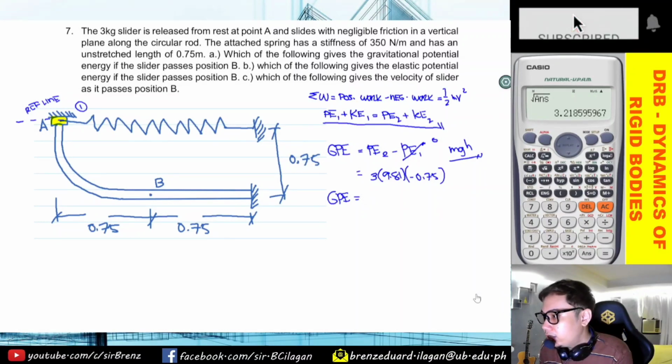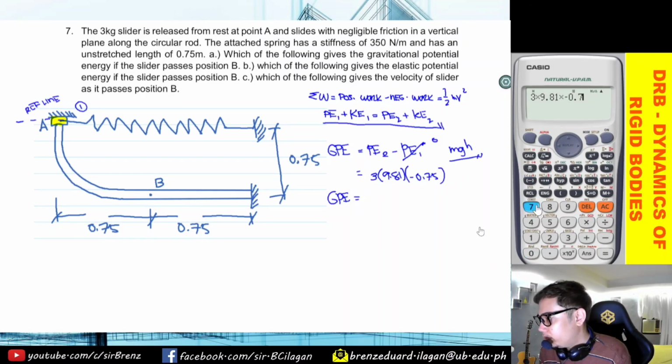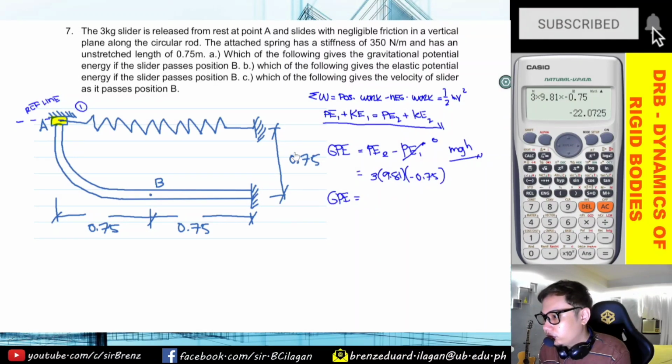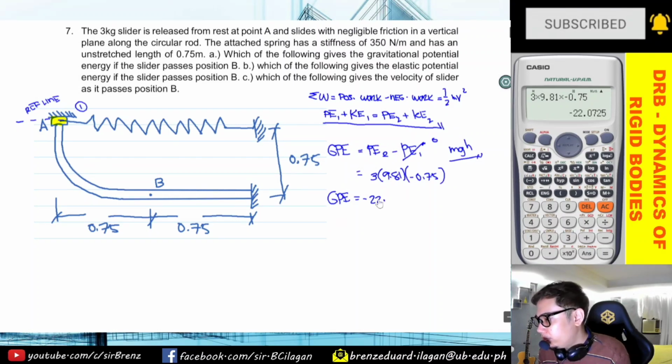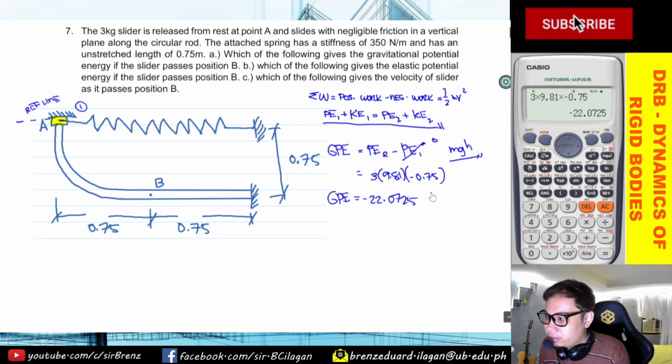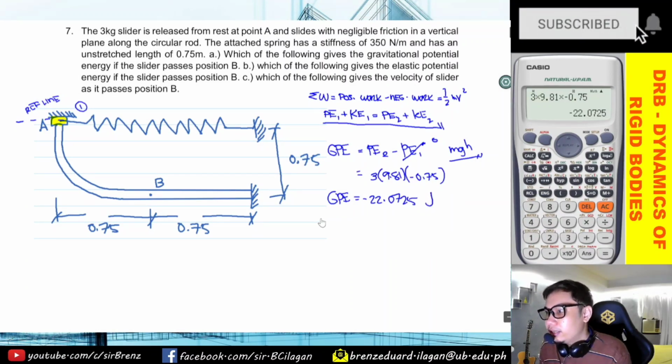Pindutin na natin sa calculator. 3 times 9.81 times negative 0.75. So, that is negative 22.0725. That is in joules or Newton meter. Okay? So, joules na lang natin. This is the answer na hinatanong for letter A.